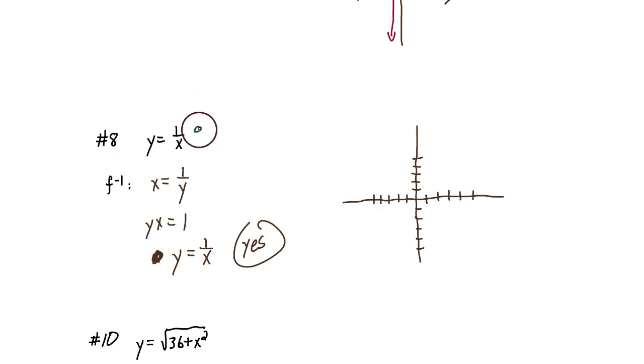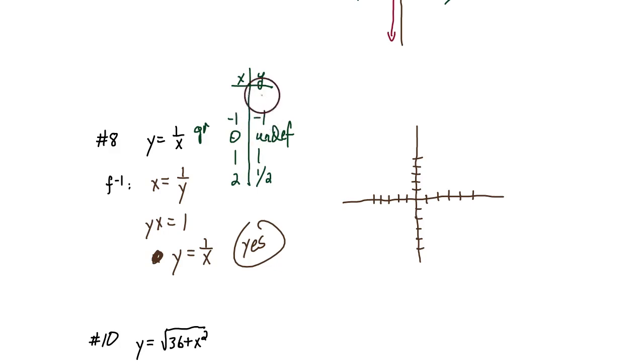Let's do this original one in green and make an xy table. When x is 0, you have 1 over 0, which is undefined. When x is 1, we have 1 over 1, which is 1. When x is 2, we have 1 over 2, which is a half. Let's do some negative x values. 1 over negative 1 is negative 1.